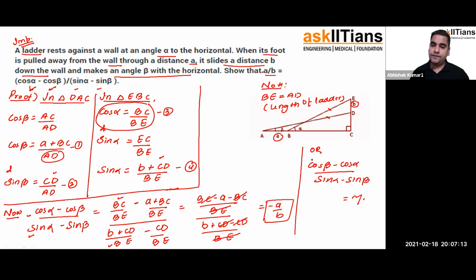Understood? Clear? So that's what you were supposed to show in this problem. Please go through this solution and ask me if you have any doubt. I'll be more than happy to clear it.